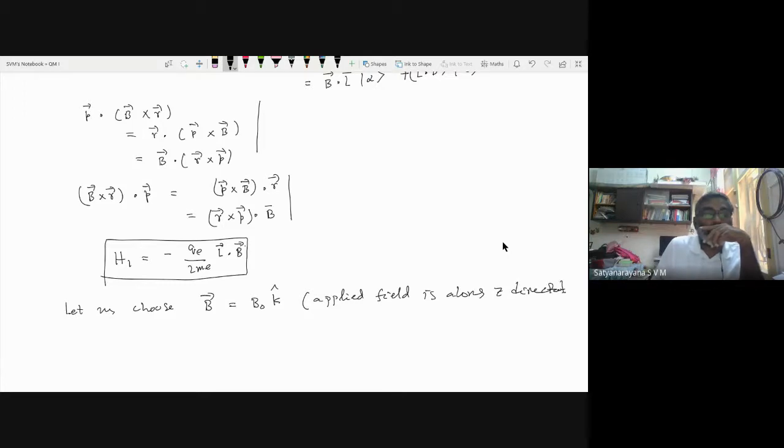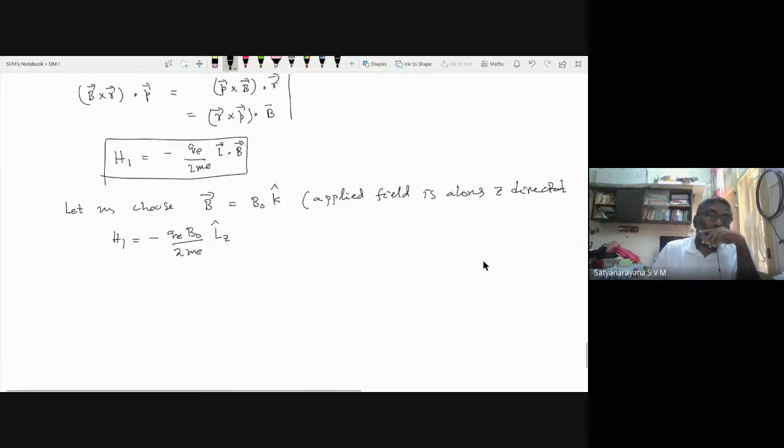If you do that, then your H1 is basically minus QE into B naught divided by 2ME into LZ. And this is the only operator that we have.